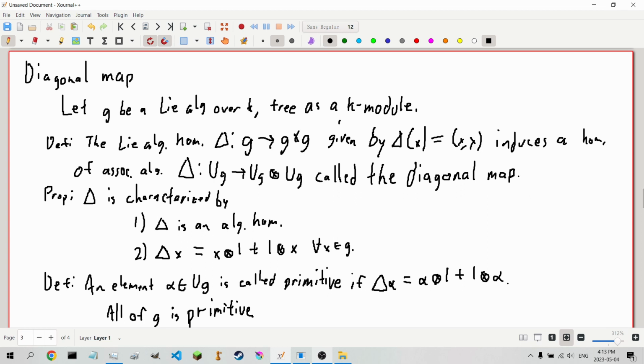So as always, set up, let G be a Lie algebra over K. It's going to be free as a K module. So the bracket structure might not be free, but everything else is.